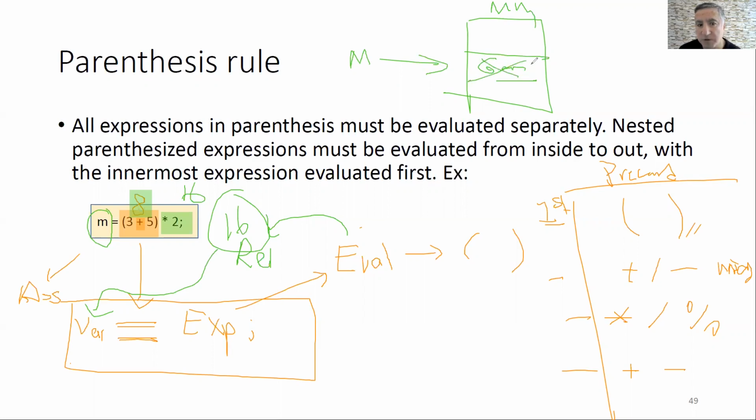Now I delete the garbage, and I put the 16 in binary, so 10000. So I update the value of m. If you check the value of m now, I am going to see not the garbage, but the 16 value. Okay. Any questions?